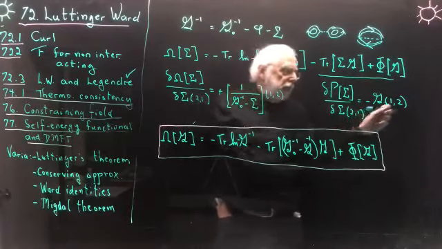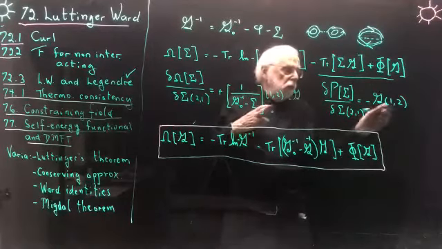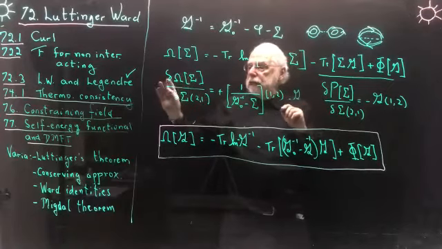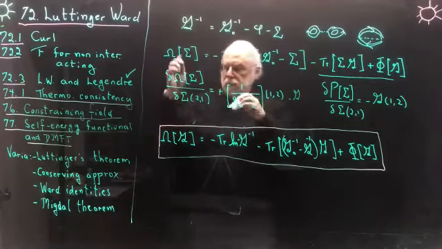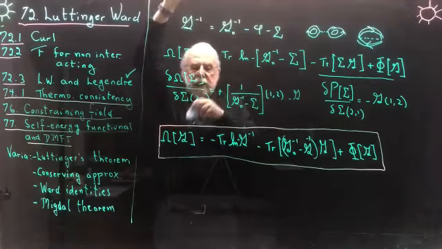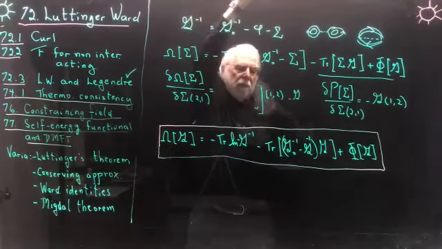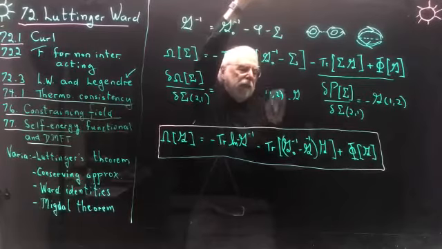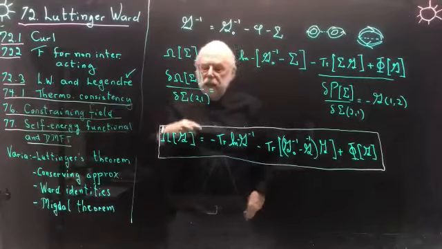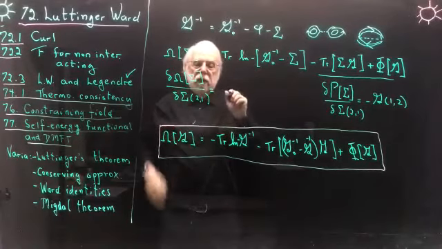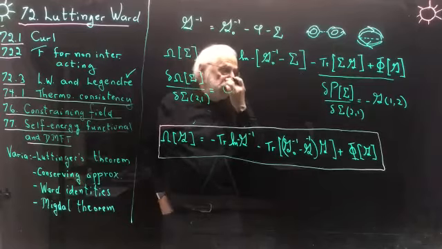But then when I functionally differentiate this, it's equal to minus G, 1, 2 again. So it means that this obeys an extremum principle with respect to sigma. So delta omega delta sigma is 0. In the same way that it was equal to 0 when I functionally differentiated with respect to G, it's equal to 0 when I functionally differentiate with respect to sigma. So it's 0 when it's 0 at equilibrium.